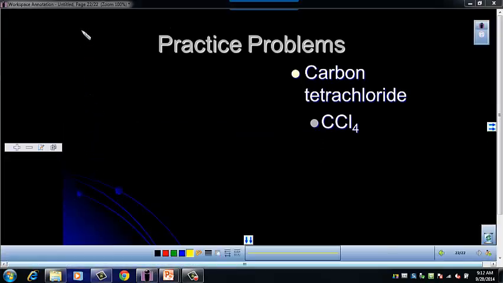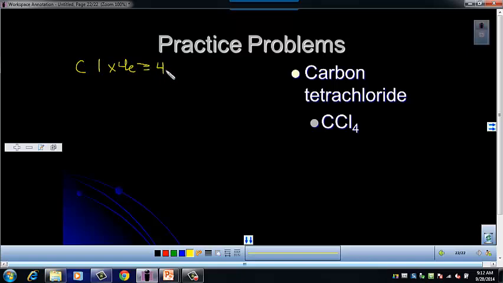So let's start by adding up the valence electrons in our compound. We've got 1 carbon atom, and each carbon atom has 4 valence electrons. It's in group 14.